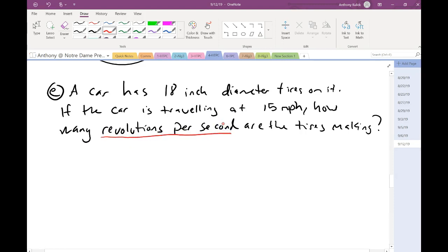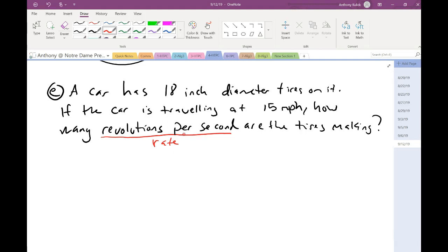Revolutions per second, right? What kind of a quantity is that? It's a rate, correct?